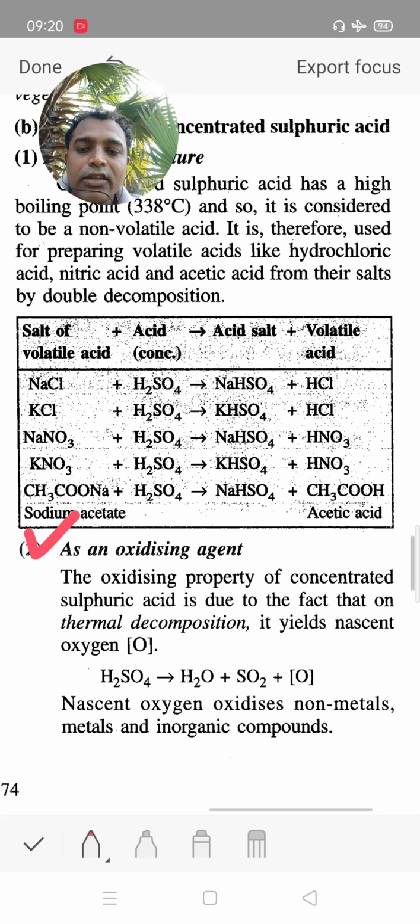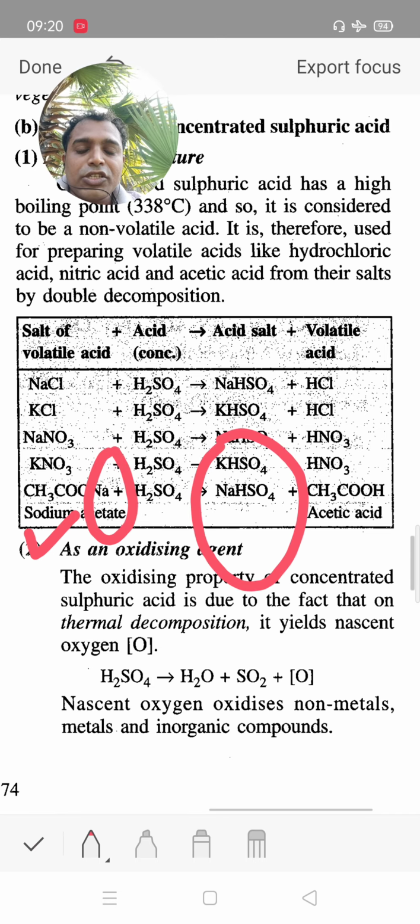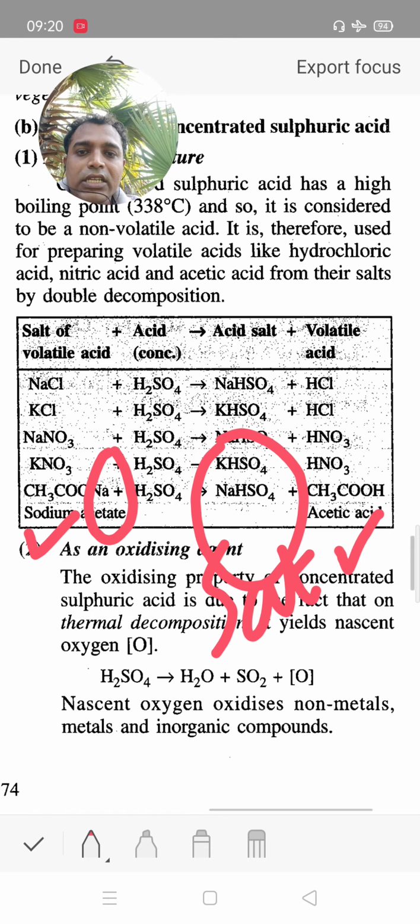Next, sodium acetate reacts with sulfuric acid. In that, Na goes with HSO4 to form the salt NaHSO4, and the acetate ion attaches with hydrogen to give acetic acid.